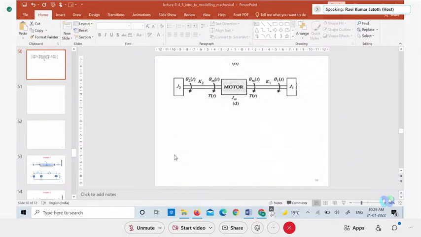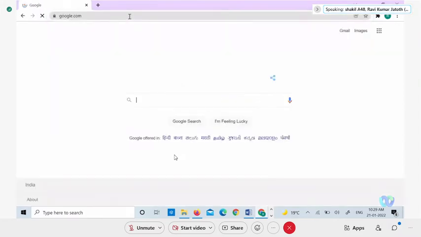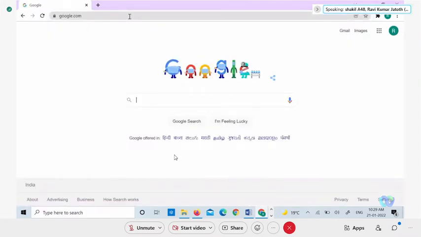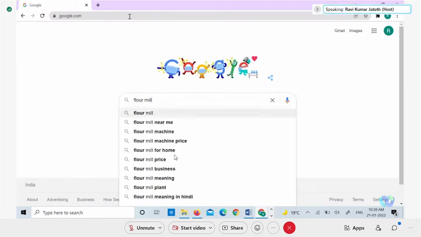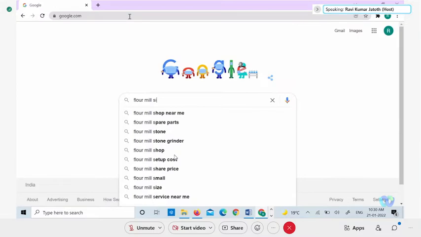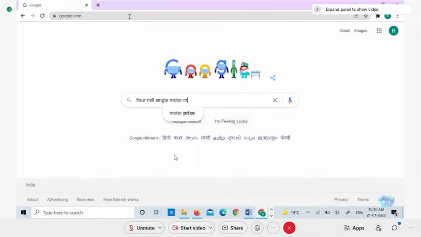Do you find any application of these? Sir, in vehicles, in cars and vehicles. Motorboats. Flour mill, single motor, multiple loads, right?